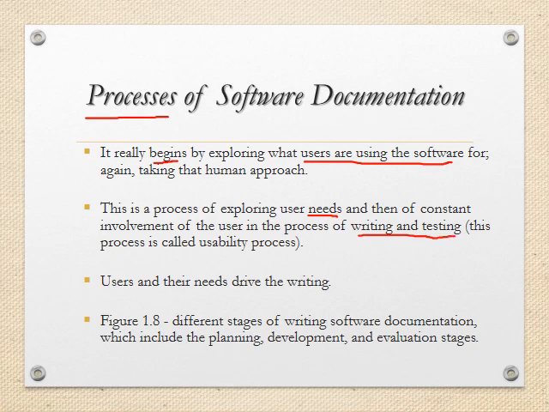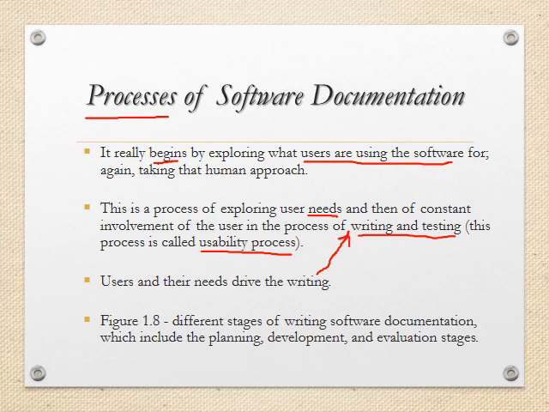That means the process involves user analysis, writing and developing the document, and testing the document. We call the whole process the usability process. Users and their needs drive the writing, so the writing of the document depends on the user needs.